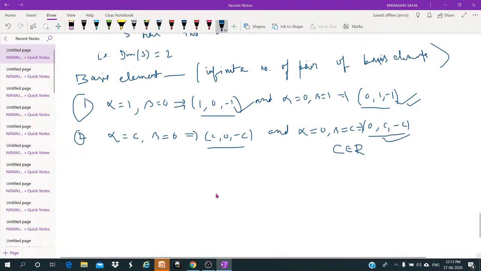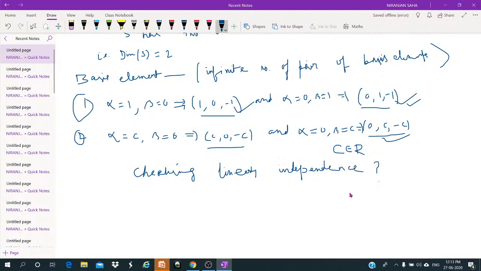Now, if we wish to check linear independence, it is very easy.